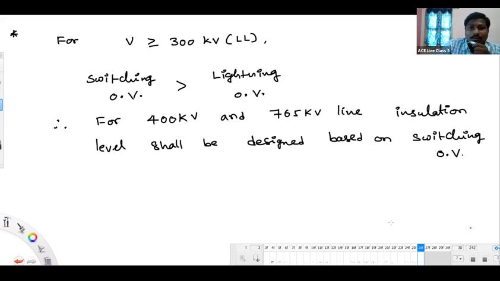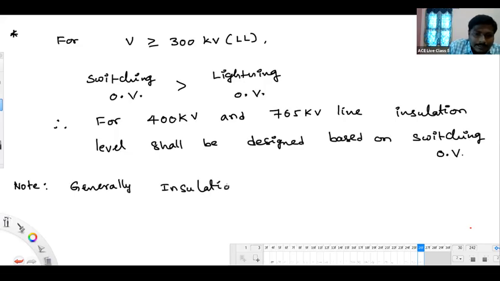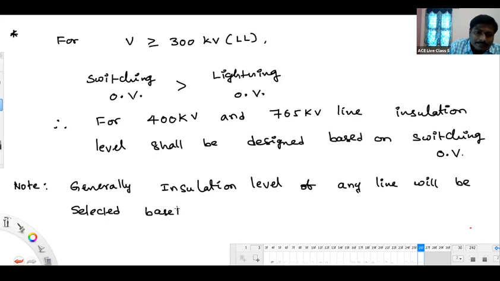Getting me? So generally, as a note, the insulation level of any line will be selected based on switching over voltages.